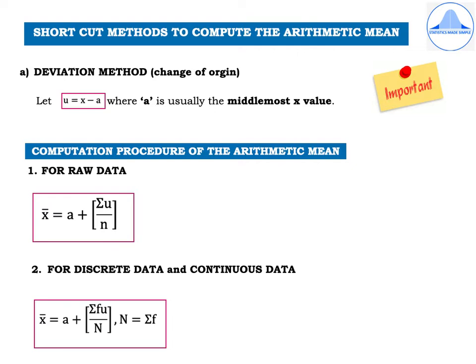Similarly, for discrete data and continuous data, the arithmetic mean using the deviation method is calculated using the formula x bar equal to a plus summation fu divided by n, and you know that capital N is nothing but the sum of the frequencies, that is summation f.